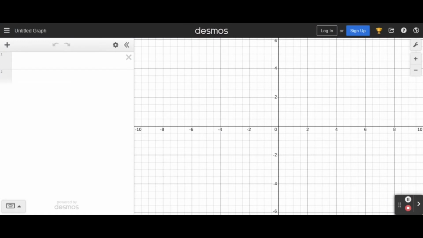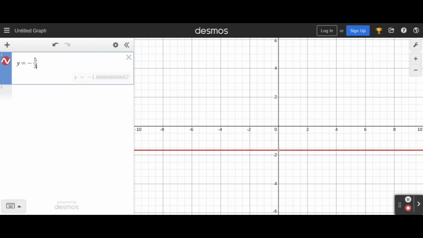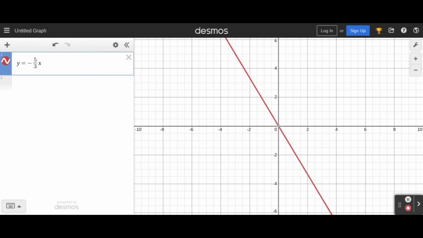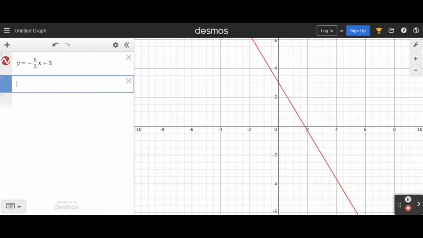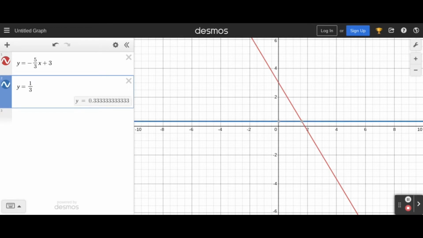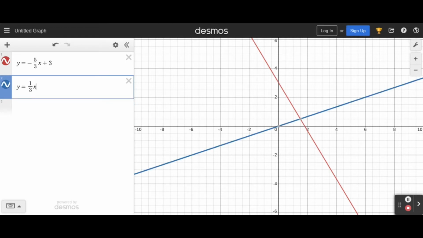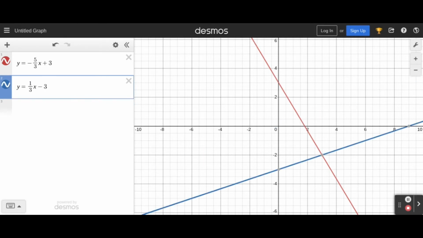Okay, solving a system of equations. Let's just type them in as is. y equals -5/3, don't forget to move to the right, x plus 3 gives me one of my lines. Bada bing. Now I'm going to go down and type y equals 1/3, move to the right, x minus 3.